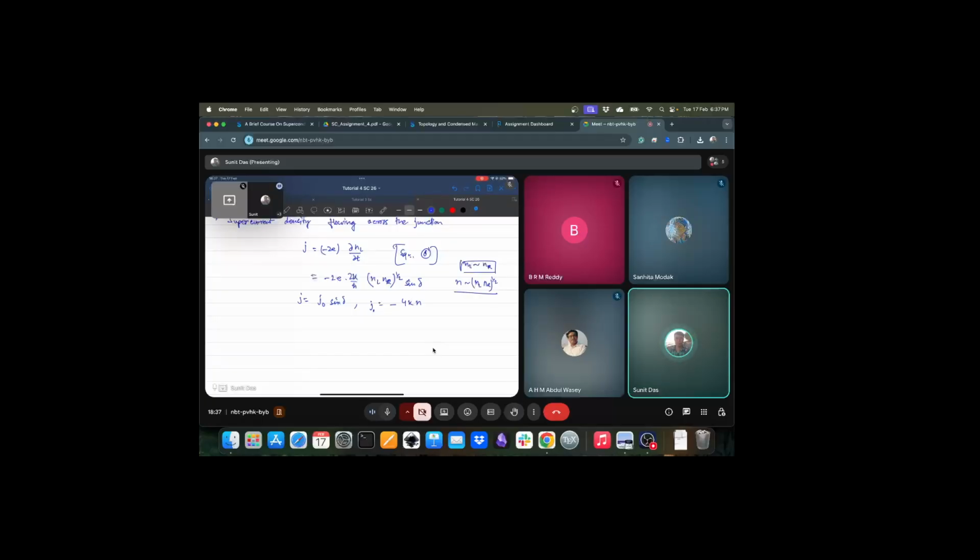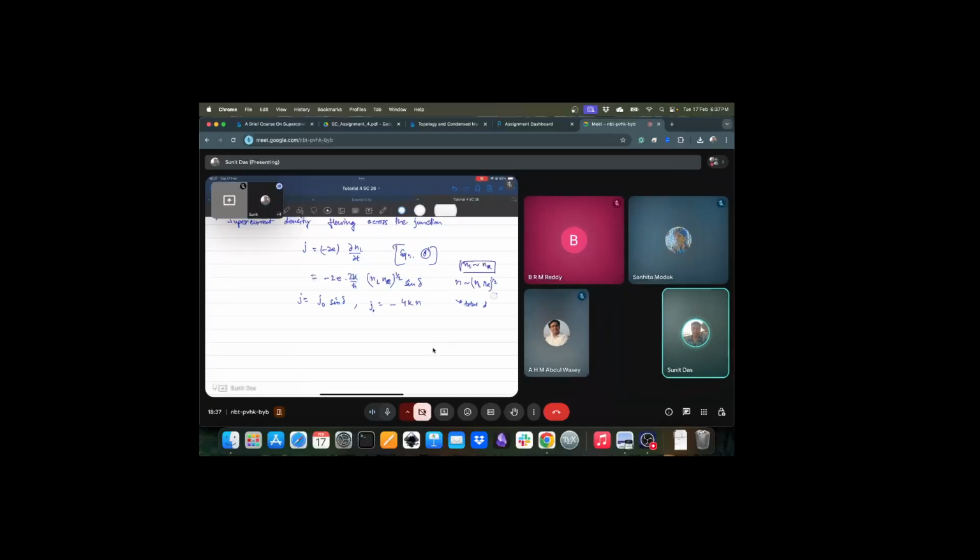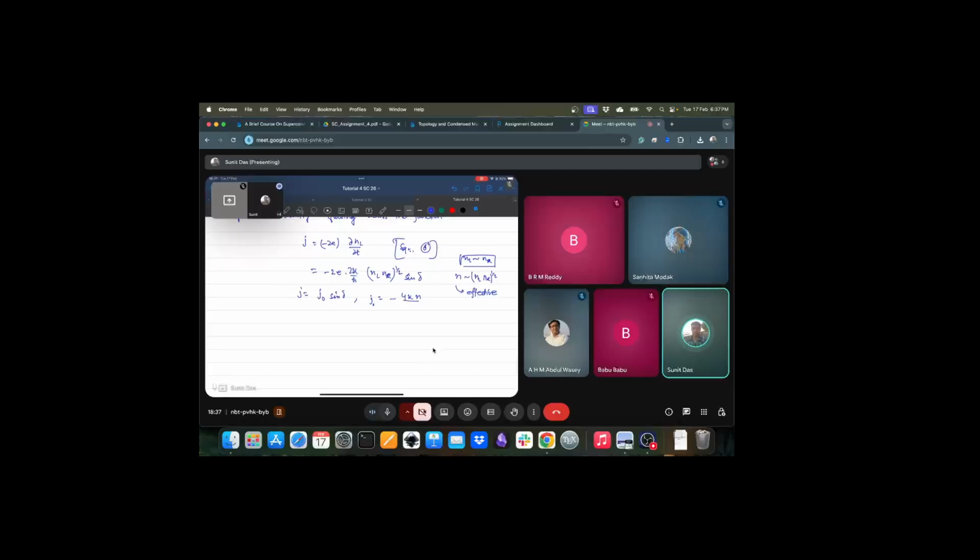And then n is the effective density of Cooper pairs. I should not call it total, but effective. So J0 is minus 4k n by h bar. So this is the first Josephson equation.